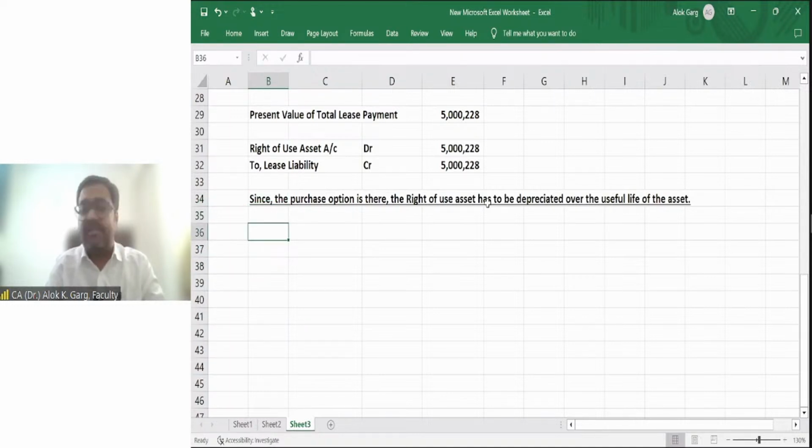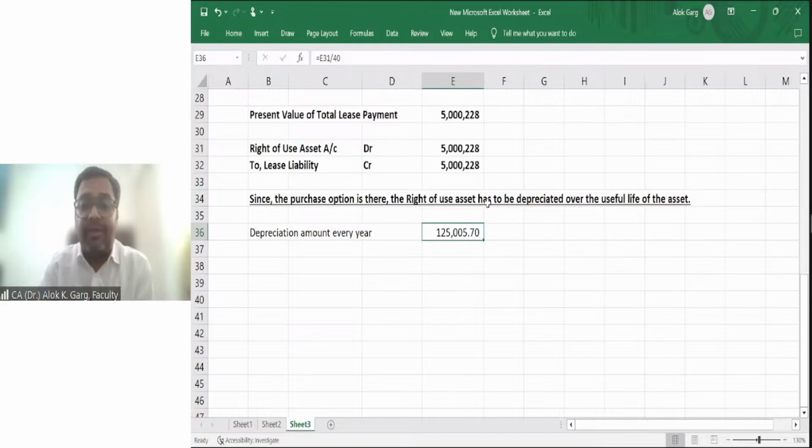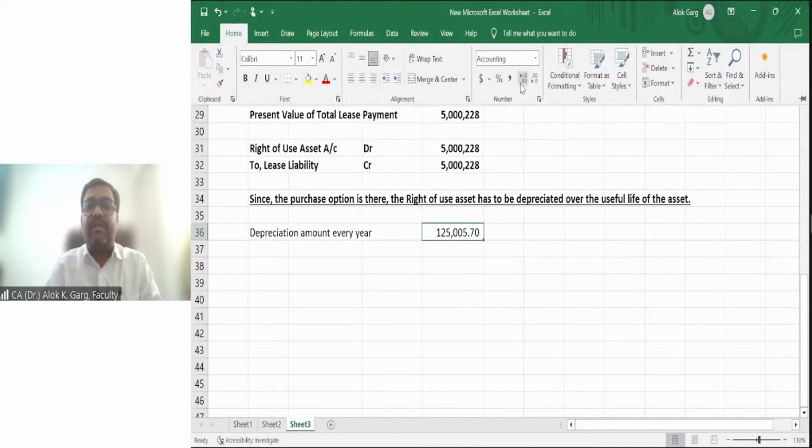Now, what is my depreciation amount every year? 50 lakh 220 divided by 40. Divide by 40, not divide by 10. Why? Because there is a purchase option and the lessee is reasonably certain to avail the purchase option, right?